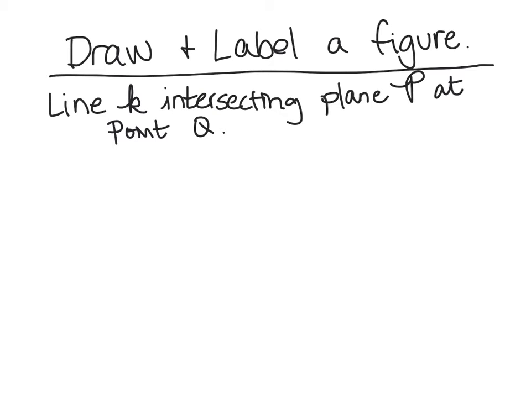So let's start off by drawing a plane. And we do that by drawing that quadrilateral, parallelogram-looking item. And we want to label it P. Okay? And we want line K to intersect that plane at point Q. So I'm going to put a point on the plane and call it Q so that I can draw my line through it.